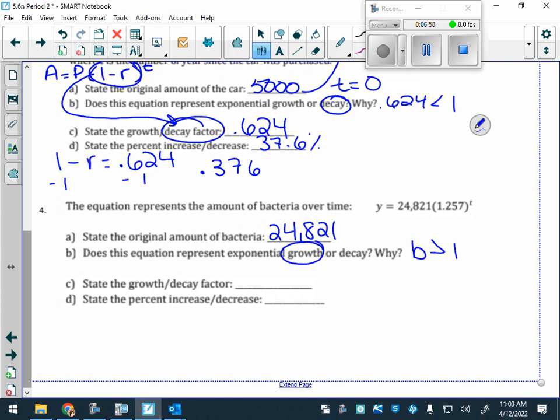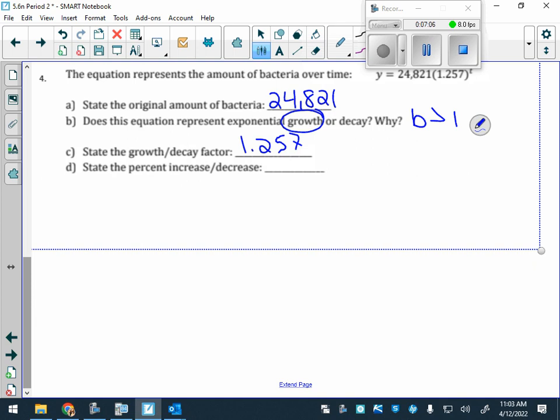What is our growth or decay factor, Lindsay? Good. 1.257. And remember, your growth factor is 1 plus R. So what is our percent increase, Emily? Good. Okay. Excellent.